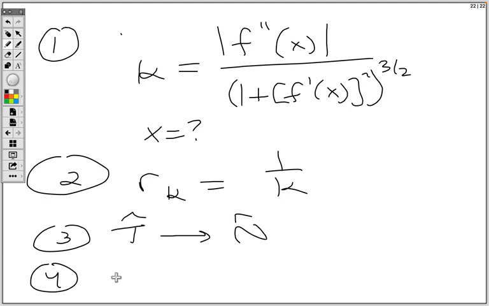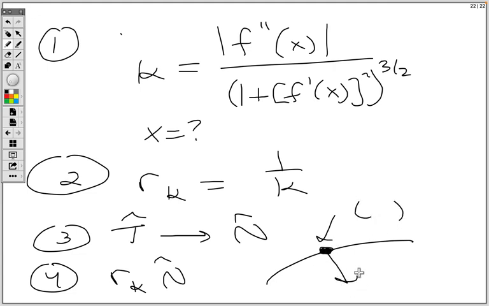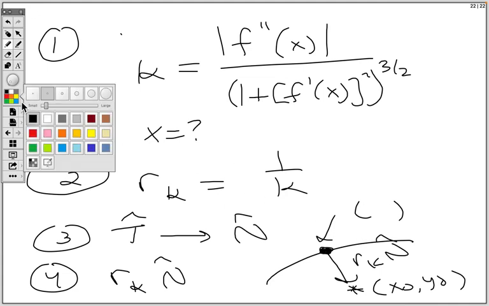And then you look at the vector n hat times rk. And then you'd have to start that vector at the point you care about and then find the terminal point. And that's going to be your center of curvature. So once you get your center and your radius, you're good to go.